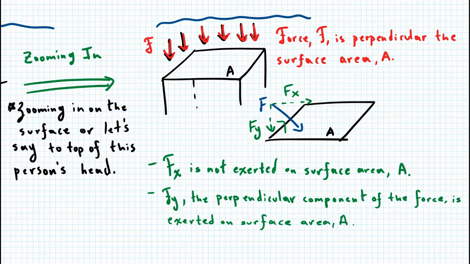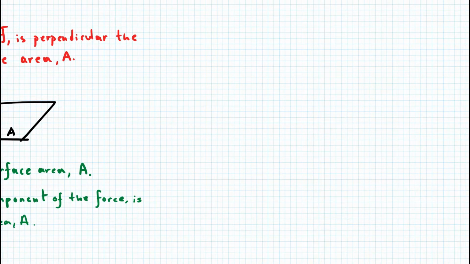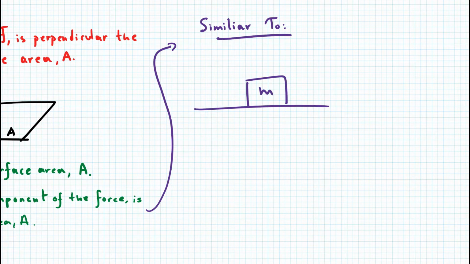So let's try to prove this by looking at a similar problem in mechanics. Suppose you have a mass m sitting on the table, and this mass neither moves up nor down as a result of being pulled by some force Fp at a certain angle.